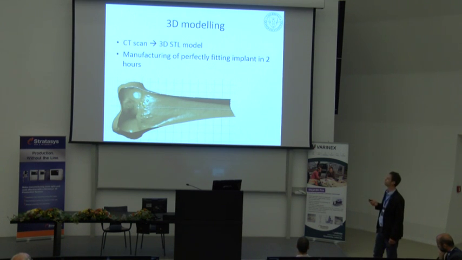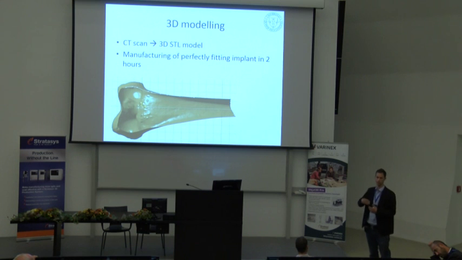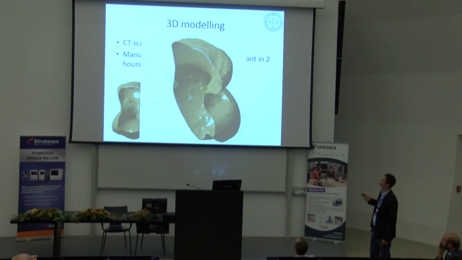I could get it printed by an FDM printer, not in metal, but it takes almost the same time. It took only 2 hours to design and print it out. I already had the CT model of the bone, so I didn't have to start from scratch.